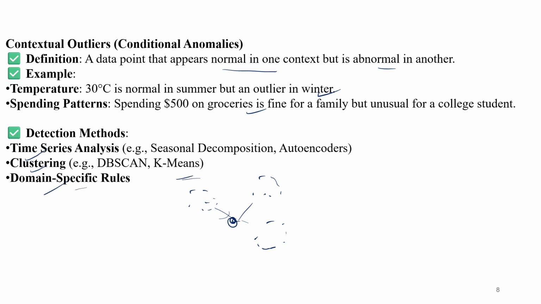The next one is the domain specific rule, where you yourself make a rule. For example, in a family, the maximum spending is 30K. The family has to decide. Suppose they unfortunately spend 35K; if it crosses 32K, then for them it is an outlier. In another family, they may fix 50K as the outlier, and in that family 35K is acceptable.